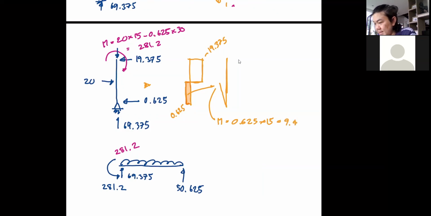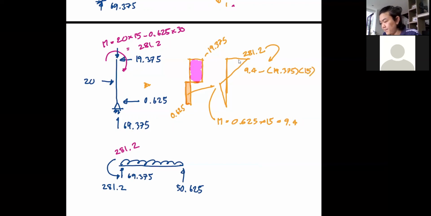And then this negative area should bring your moment down to the negative value of 281.2. Okay, this comes from 9.4 minus 19.375 multiplied by 15.